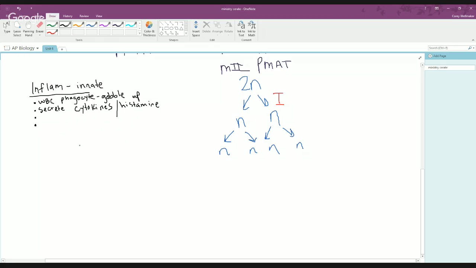But basically, these signaling molecules diffuse into the tissue, they diffuse into the circulatory system, and they recruit white blood cells like eosinophils, basophils, all of your granulocytes, your phagocytic cells, your dendritic cells. These are sort of like the first responders. They're going to invade the area that's in distress, and they're just going to start gobbling stuff up.